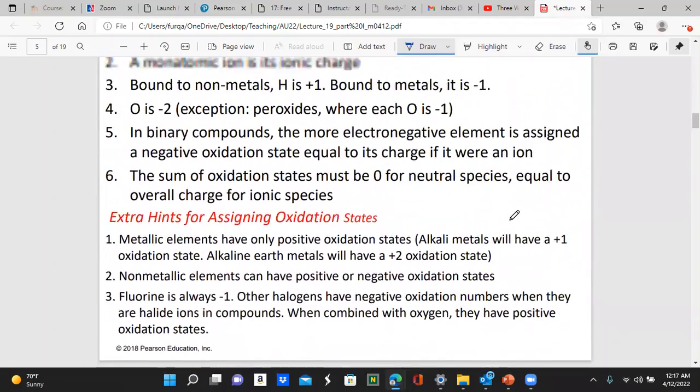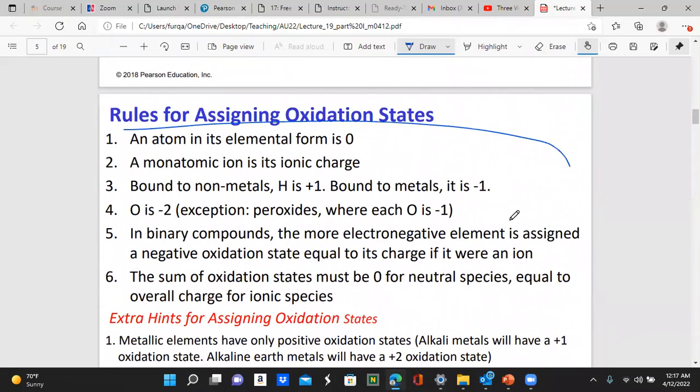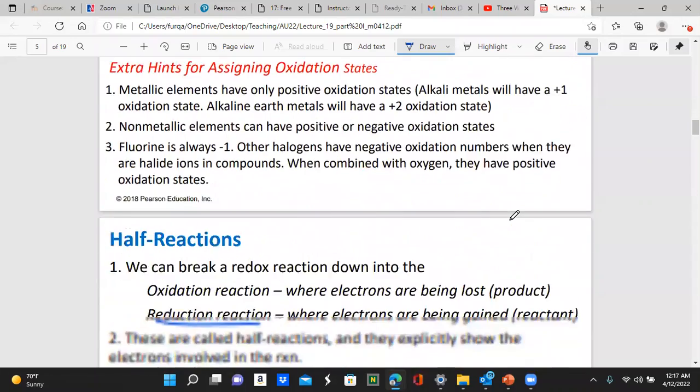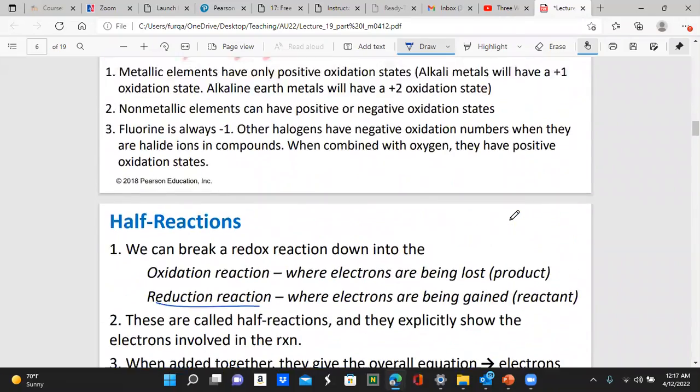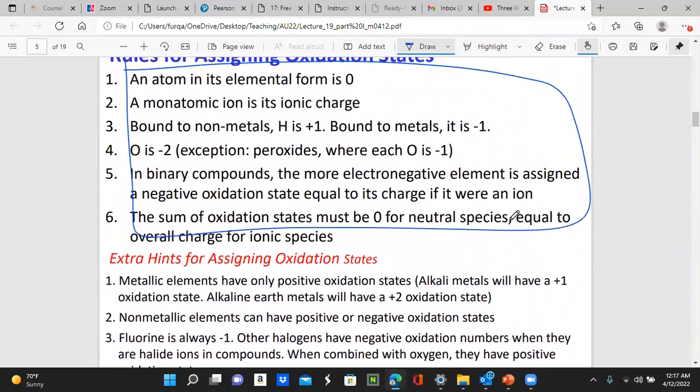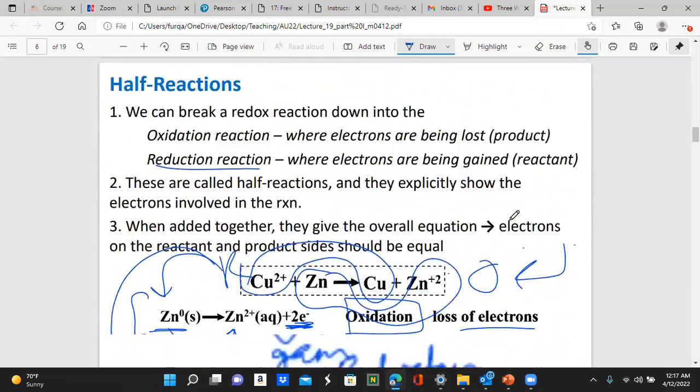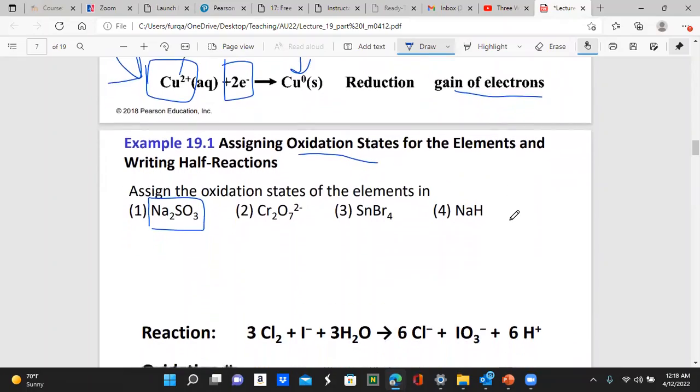Okay, so we're going to go by the rules. What we know in this compound is we know about the oxygen and we know about the sodium. Oxygen is -2. And about the sodium, the rules say the sum of the oxidation states must be 0 for a neutral species.